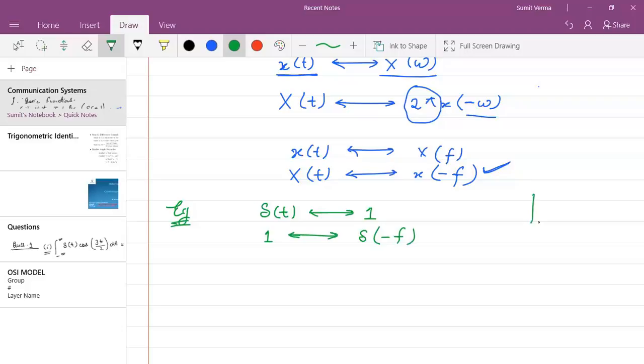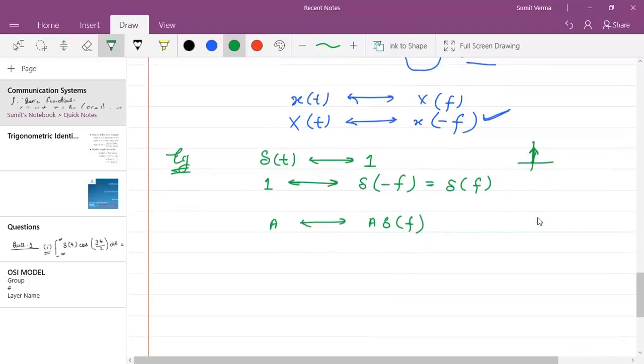But we know that the del function is defined at 0 only, so it is an even function. It does not matter if you take f or minus f. So del of minus f is the same thing as del of f. If instead of 1 I have any constant a, I will get its Fourier transform as a times del of f.